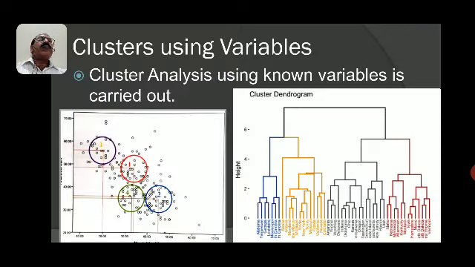Then if you see the clusters using variables, on the right hand side there is the cluster dendrogram. So you have preliminary data, and you analyze those. Then you go to the field and suppose the first one is circle 1, circle 2, circle 3, administrative circles.